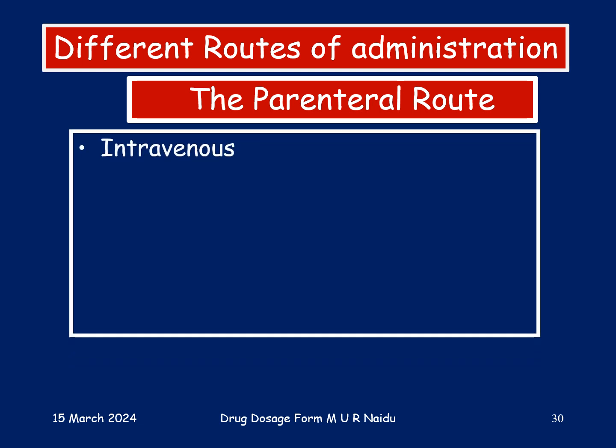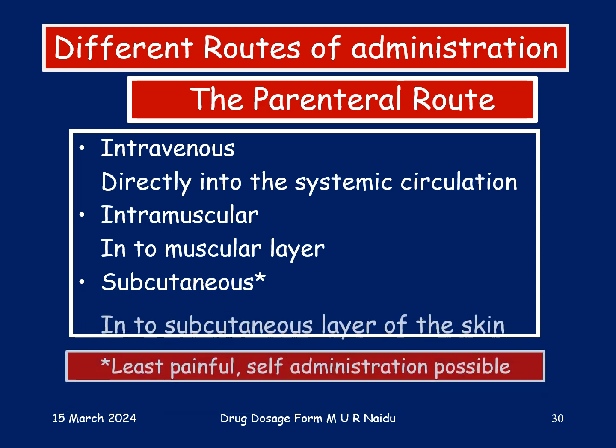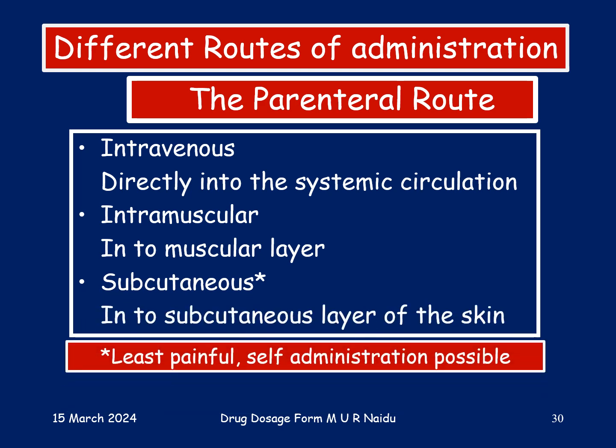Coming to the parenteral route, intravenous is given into the vein, directly administered into circulation. Intramuscular is in the muscle layer, or subcutaneous in the cutaneous layer of skin. Least painful, self-administration is also possible, like insulin.